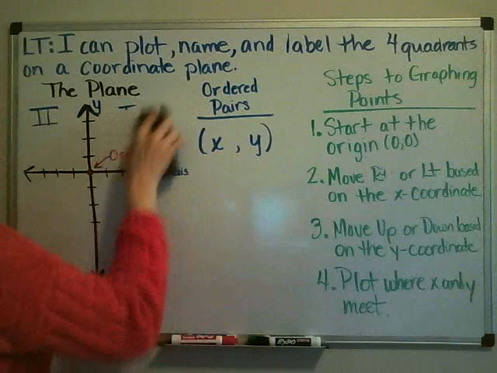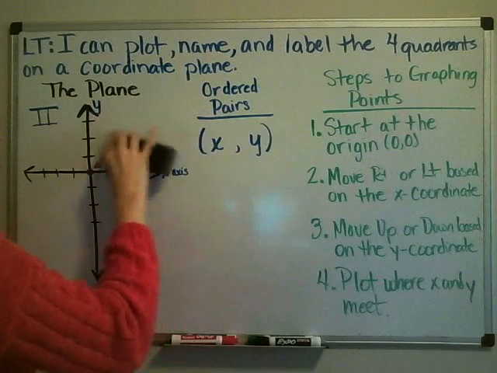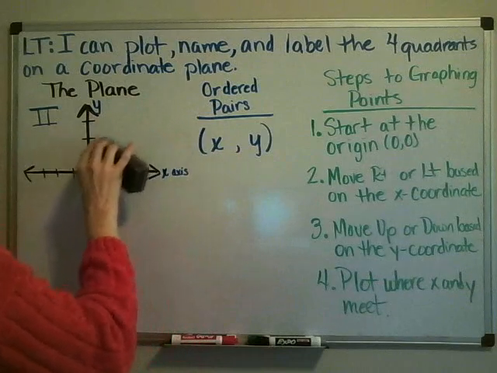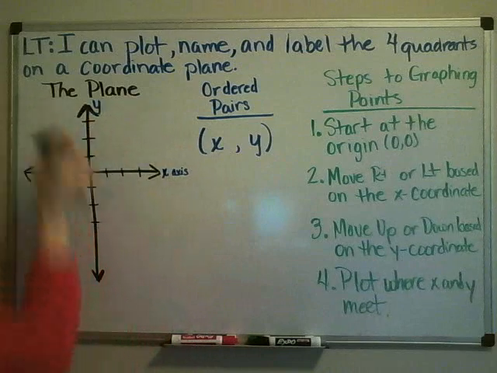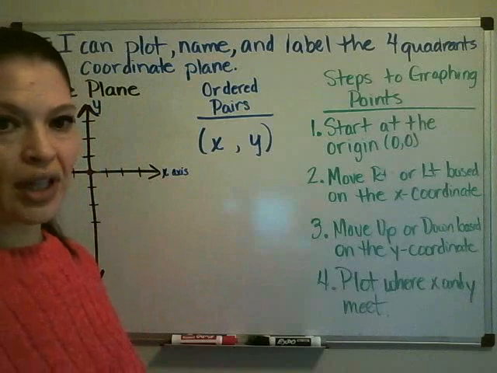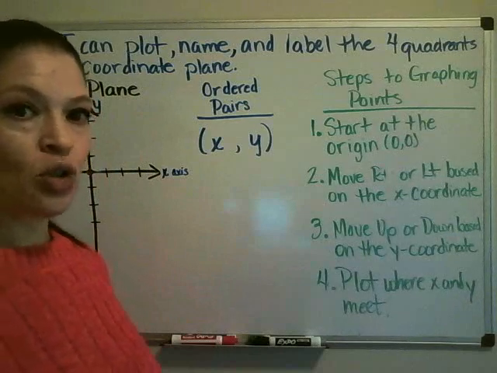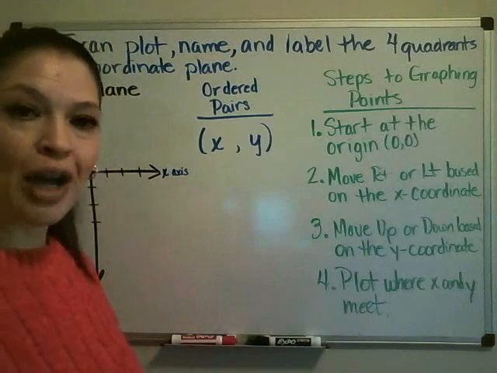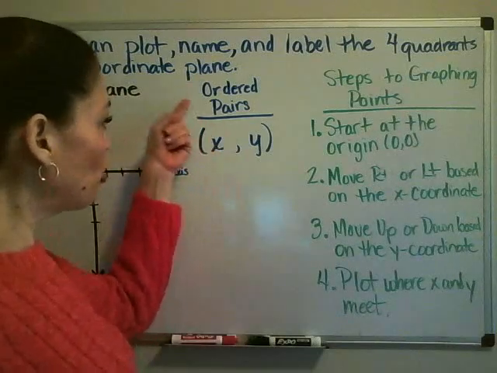So ordered pairs, that is the name of what we call the location of each point. Like, how do you find each point? You're going to find each point by using its ordered pair.